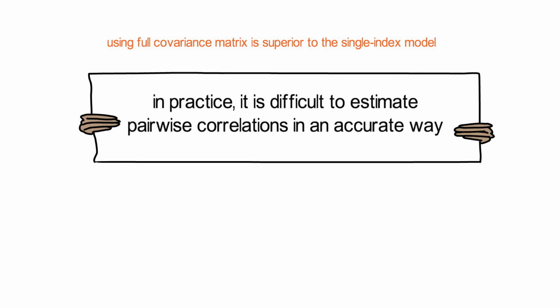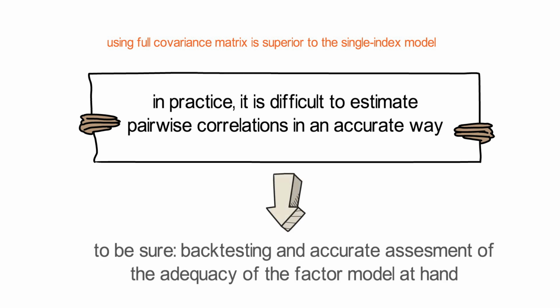But in practice, it's difficult to estimate pairwise correlations in an accurate way. It's therefore to be expected that a low-dimensional factor model will be less prone to the garbage in, garbage out problem. But in order to be really sure, one needs to do careful backtesting and accurate assessment of the adequacy of the factor model at hand.